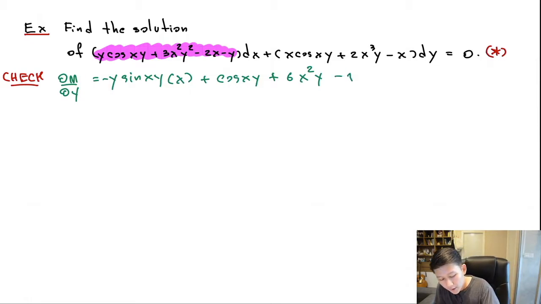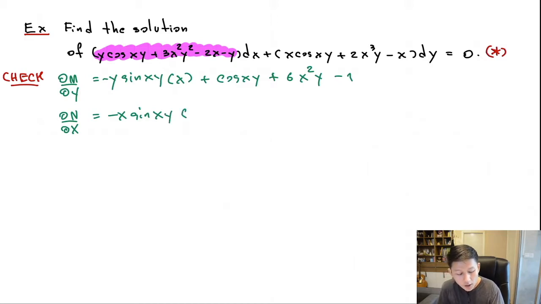And then we find dN by dx, and similarly we have x and cos xy, so we need to use the derivative of fg, which is f dg plus g df. So f is x, dg, which is derivative of cos, is minus sine xy, and by chain rule we have y here, plus g, which is cos xy, dx by dx is 1, plus 6x squared y minus 1.